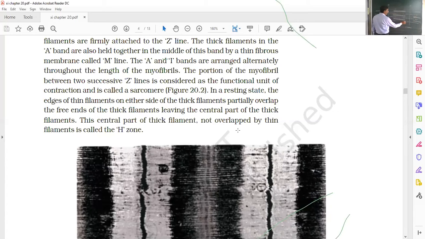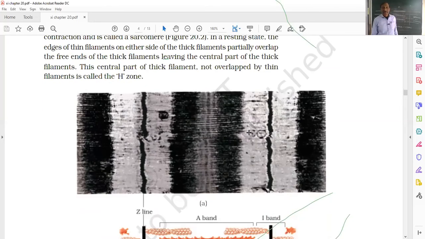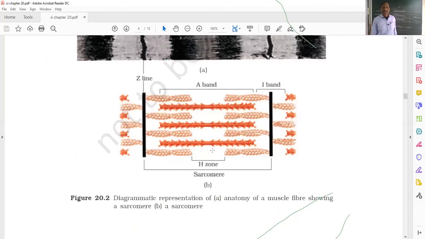Now here to here, actin and myosin are overlapping. So the zone from this place to this place is called the A band. Again, you will find this region where only myosin is there. This is called the H band, so you can see here the H zone is written.